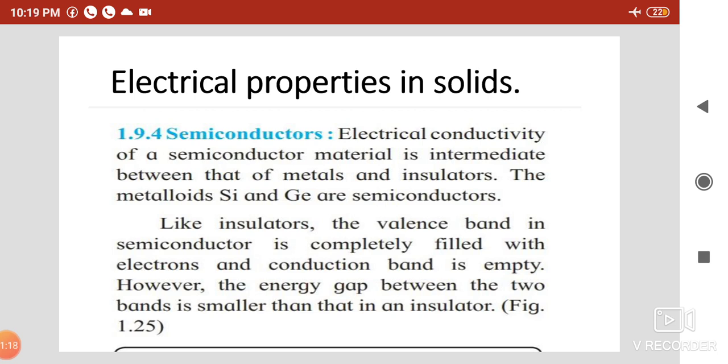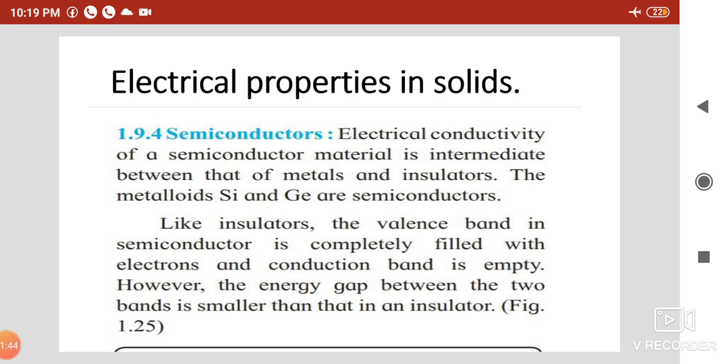If we compare the electrical conductivity of the metalloids, or semiconductors, with insulators and metals, it is intermediate between metals and insulators. Generally, metalloids like silicon and germanium are semiconductors.